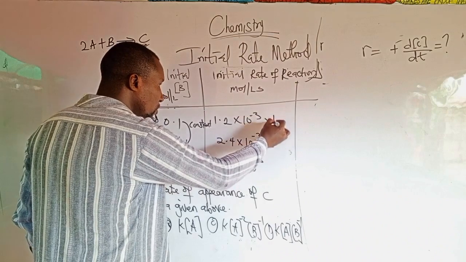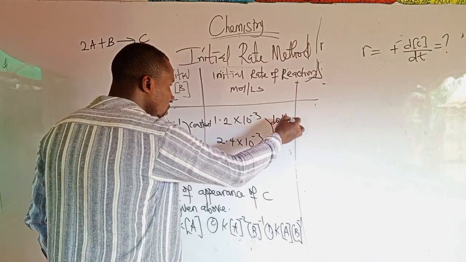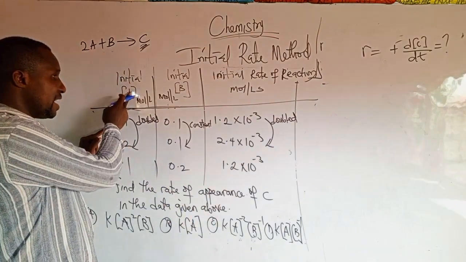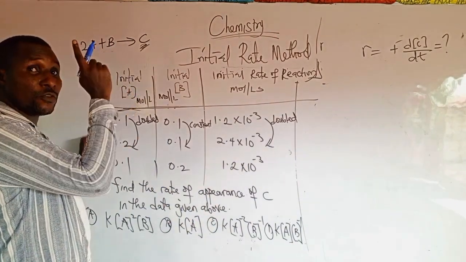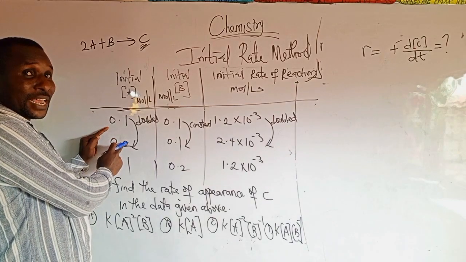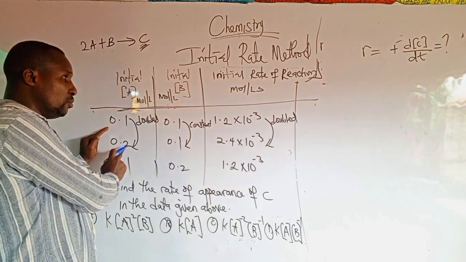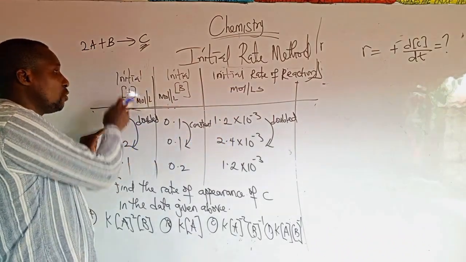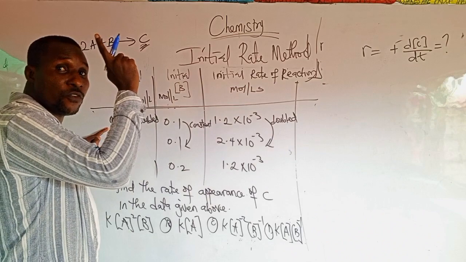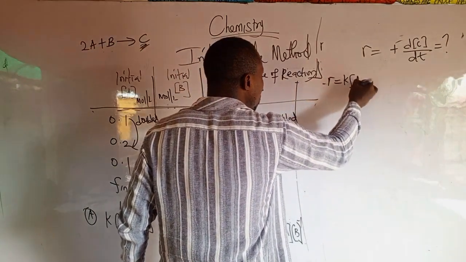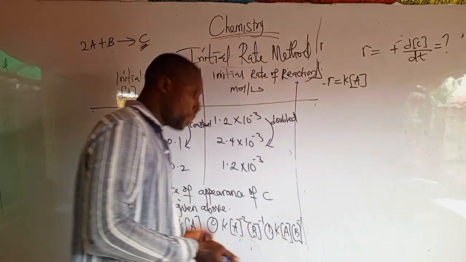Also doubled. It increases by 2. That means the order of A will be first order. When A is doubled, the rate of reaction is also doubled. That means the order of reaction with respect to A is first order, so R for A is raised to power 1.